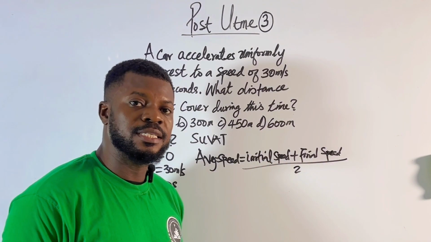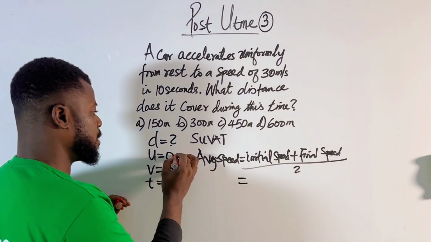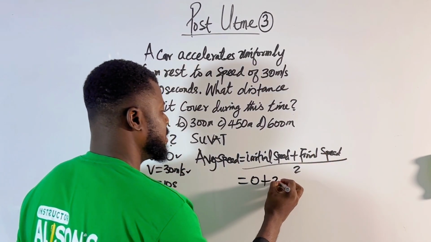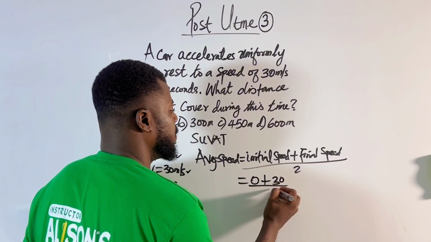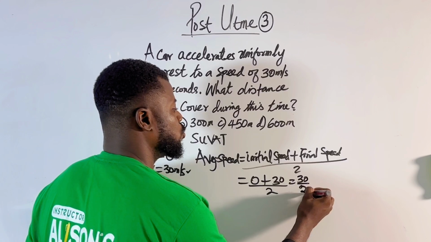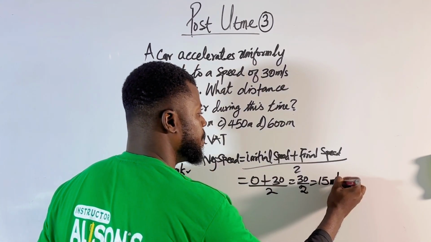Now wetin be the initial speed? Now it be this particular 0. 0 plus final speed, now be this one, will be 30 meters per second, divided by 2. Everybody knows say 0 plus 30 na 30, divided by 2. This one will give you 15. 15 waiting speed, the unit na meters per second.